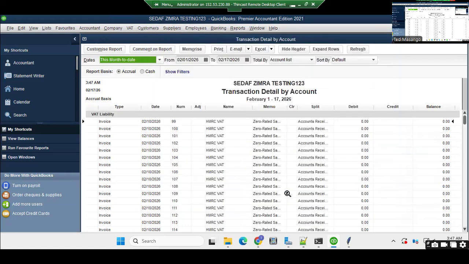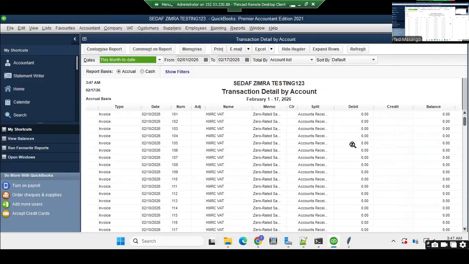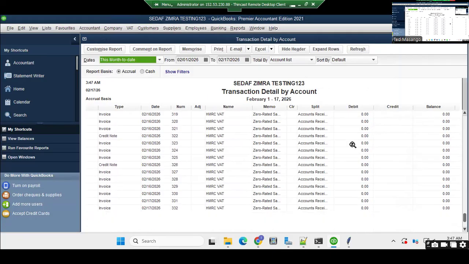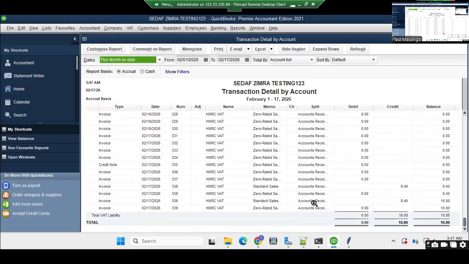What this account does is, when you are doing your sales, it records the VAT coming from the sales. This company, most of their goods are zero rated. But if you scroll down to the end of this account, they've done a number of transactions, and you could see these 2 sales were done and VAT was charged.